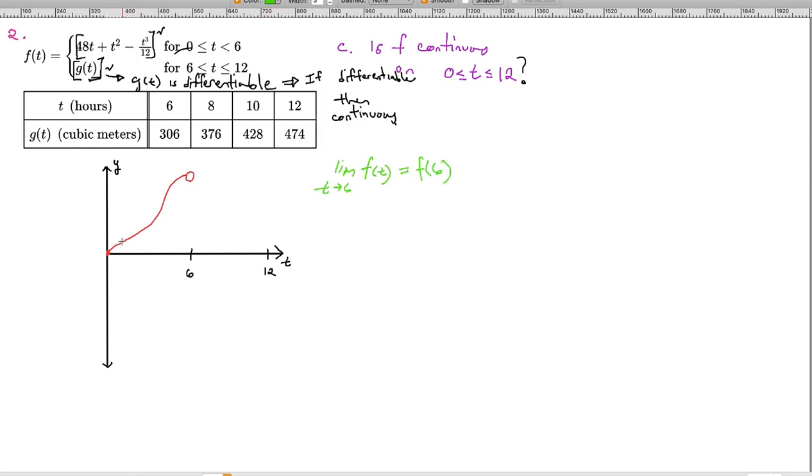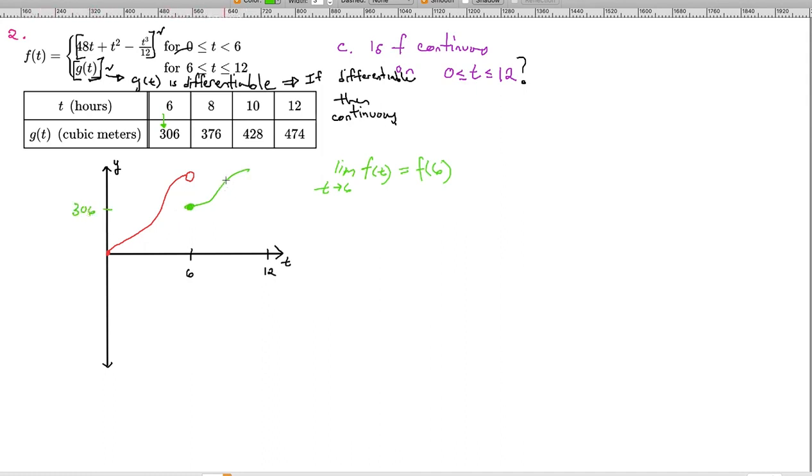And you have a value for what f of 6 is. f of 6 is going to be g of 6, and then g of 6 is 306. And then I know that after that, g is going to be continuous. So it could look like this, right? This could be 306 right here.